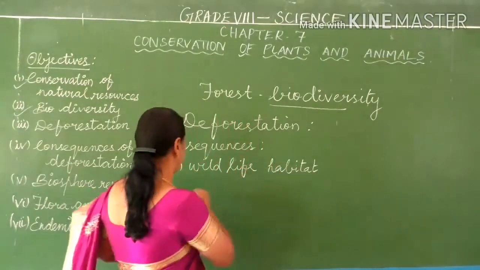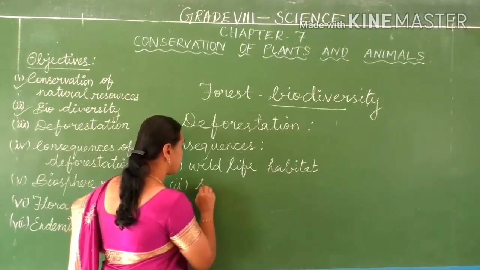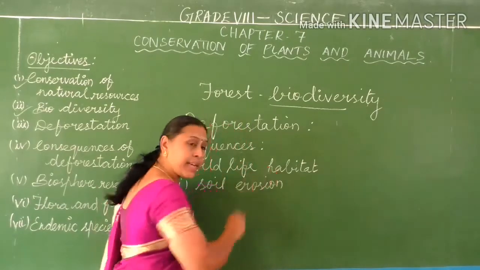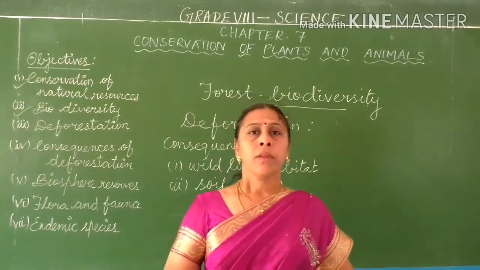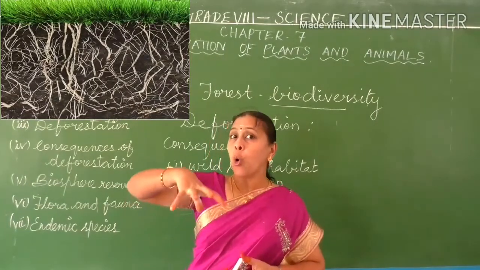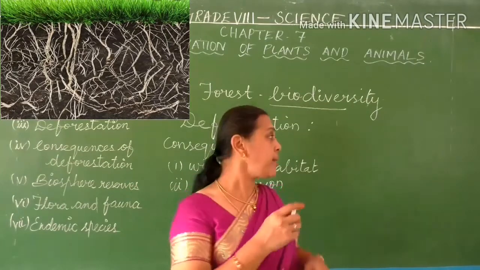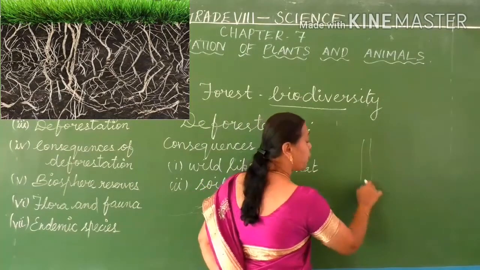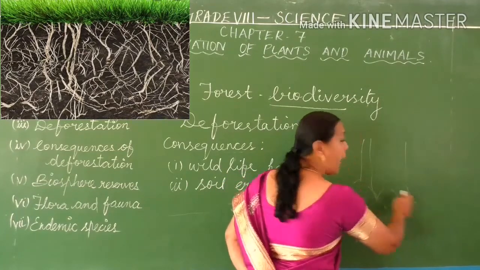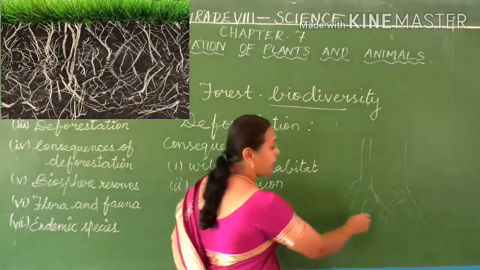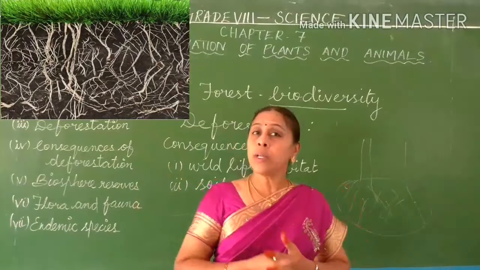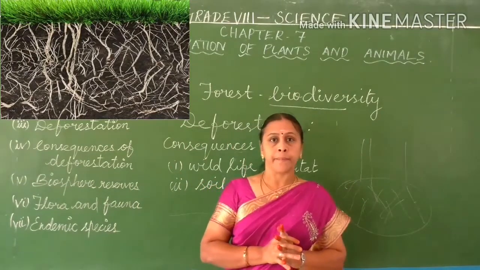The next step is soil erosion. How does soil erosion happen? Because of the deforestation. When trees are cut down, in lower classes you would have studied, roots only hold the soil. That too, in forest, many very huge trees, their roots will go deep into the soil and be closer together, and the roots will form a network-like structure and hold the soil very tightly.